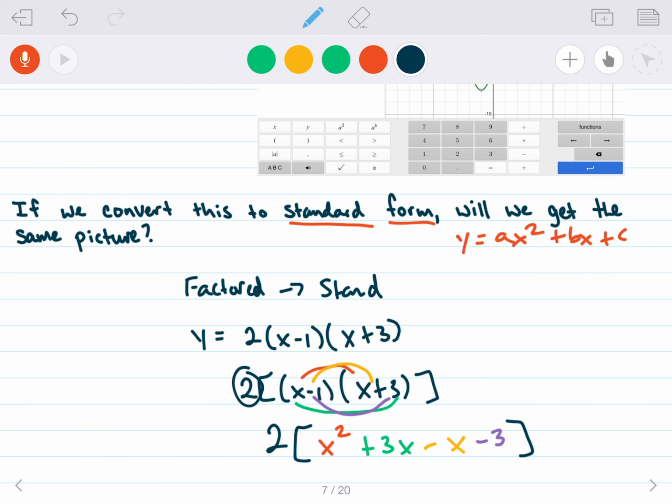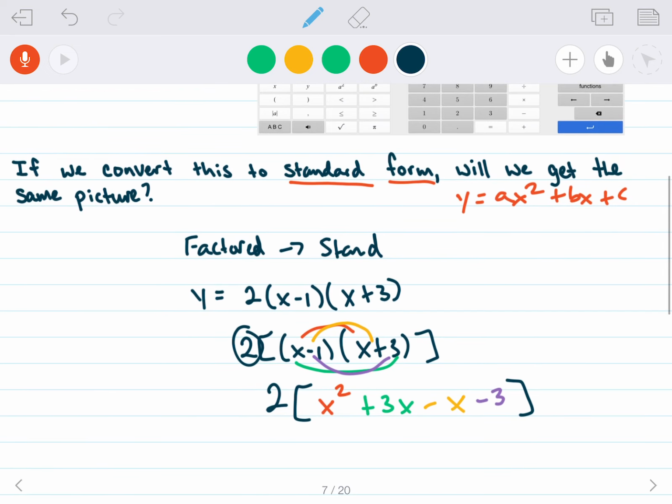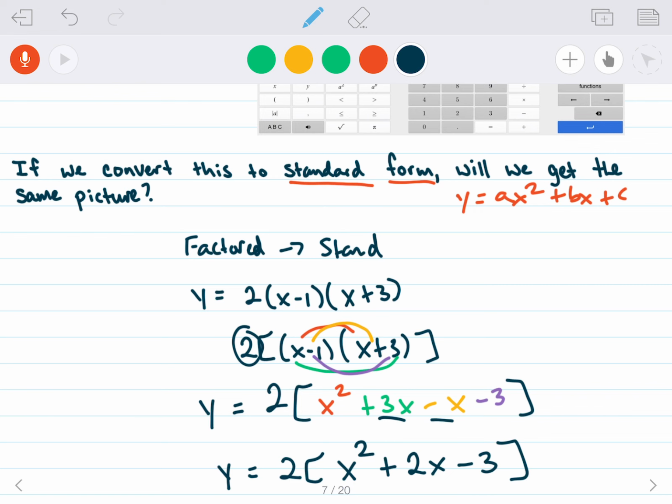Before I distribute that 2, I like to combine like terms first, just to get that out of the way. So positive 3x minus 1x is a positive 2x. So this becomes 2 times (x squared plus 2x minus 3).